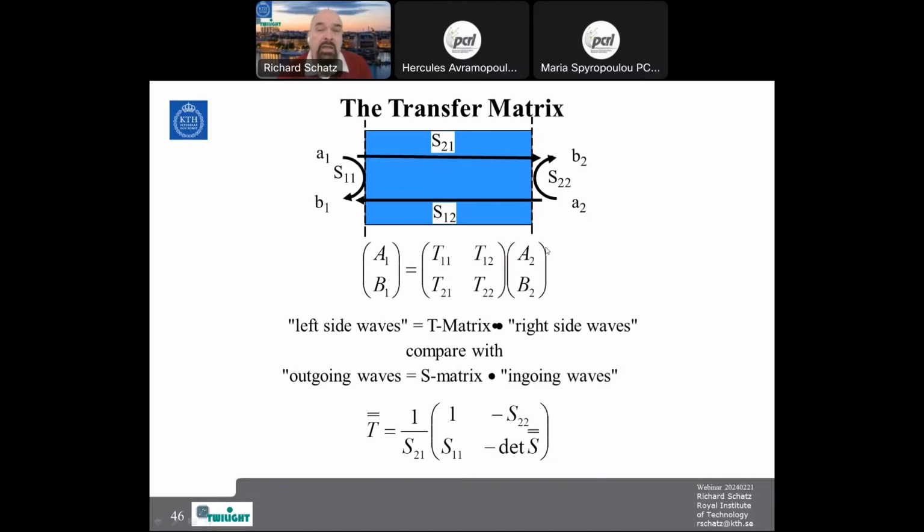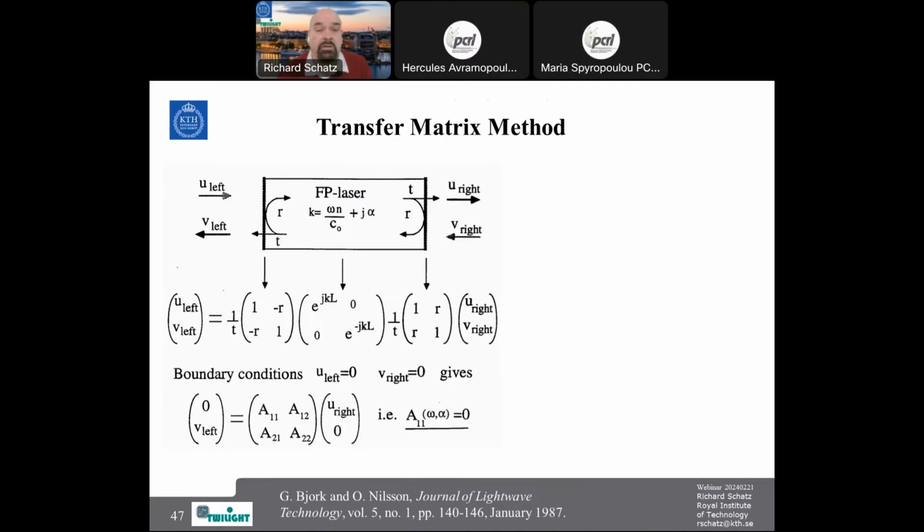The benefit is that you can easily cascade several sections by just multiplying the matrix of each section. So in order to demonstrate how this works, we can take a Fabry-Perot laser here with just two mirrors.